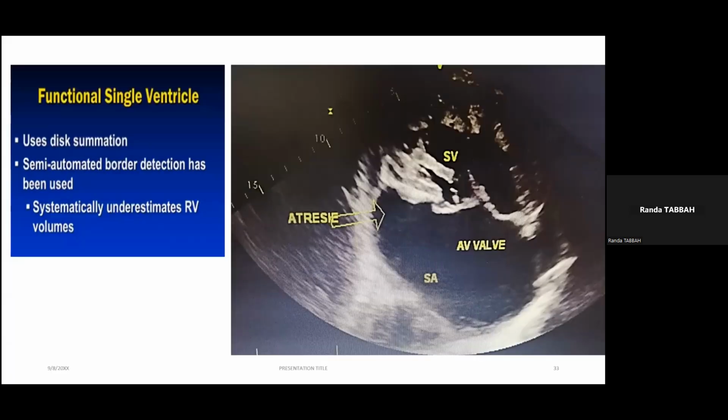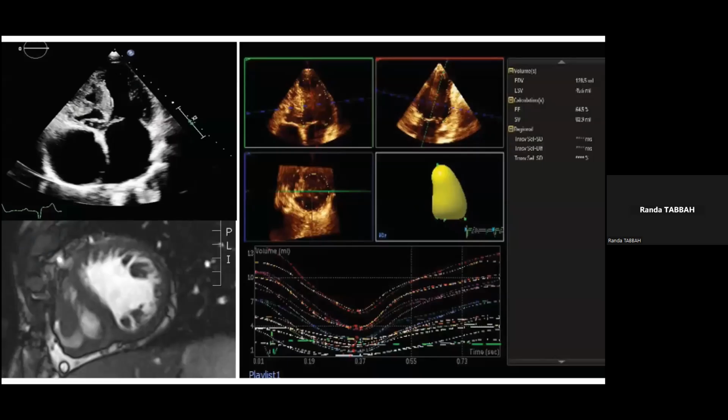So as we were saying about the volume, we can use it in functional single ventricle patients. This is one of my patients. It's a single ventricle patient with a tricuspid valve atresia, okay? And as you can see here, we have an evaluation of the ventricle, and it is the same as using MRI for evaluation of the ejection fraction in these cases.